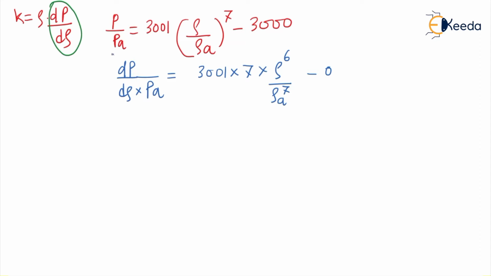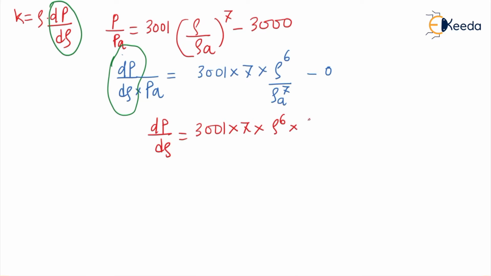We were interested in getting this value dp by d rho. So dp over d rho is equal to simply 3001 into 7 into rho to the power 6 into Pa upon rho A to the power 7.